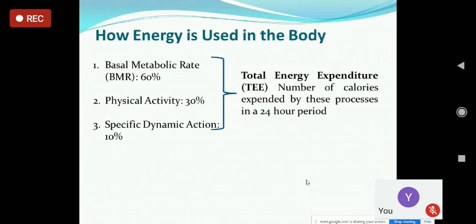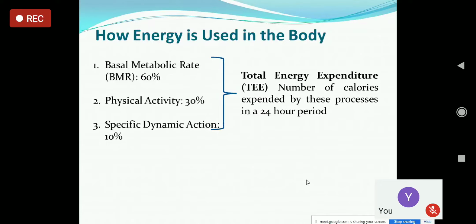So you can say that a person consumes energy, food, to meet the fuel demands of these three ongoing processes in the body: basal metabolic rate, physical activity, and specific dynamic action. Total energy expenditure is basically how many calories your body burns or utilizes.